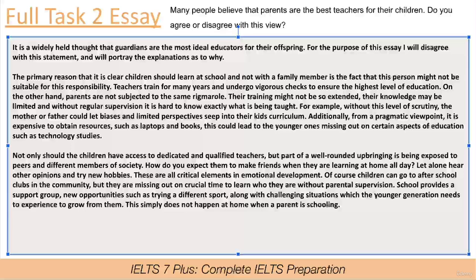Of course, children can go to after-school clubs in the community, but they're missing out on crucial time to learn who they are without parental supervision. School provides a support group, new opportunities such as trying a different sport, along with challenging situations which the younger generation needs to experience to grow from them. This simply does not happen at home when a parent is schooling. Okay, I think that's good. Let's just wrap this all together in a conclusion now.